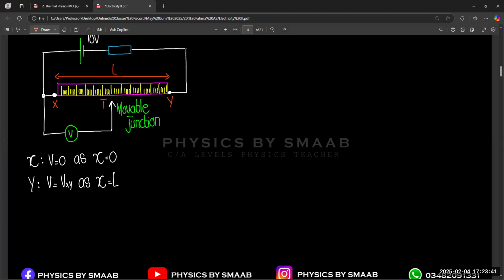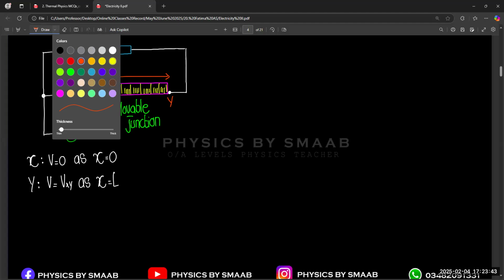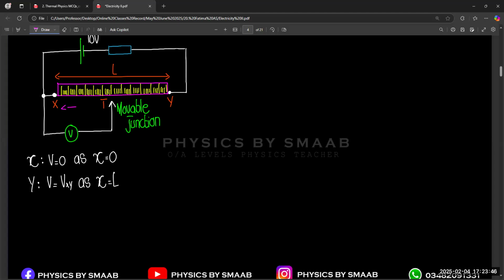And when we are moving the point between these X and Y terminals, that can be represented by a displacement of the junction. So in simple words, when we move this point from X to Y, the voltmeter reading increases.